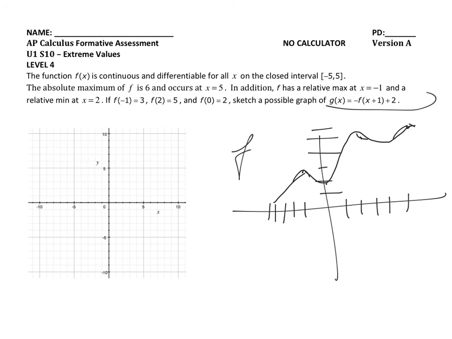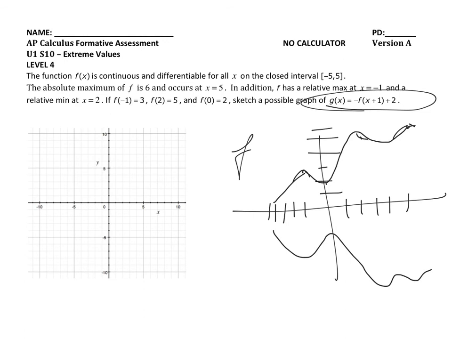Well, now I got to take that and go through the transformation. What's the transformation tell me to do? 1 unit to the left, flip over the y-axis, over the x-axis, and then up 2 units. So I'm going to take each of these points, and I'm going to go ahead and shift those, and then from there I can get my conclusion. So first I'm going to take this and replicate over the y-axis.